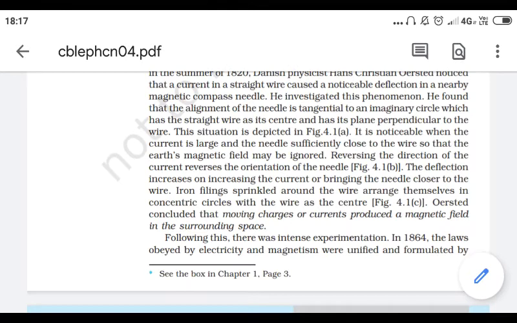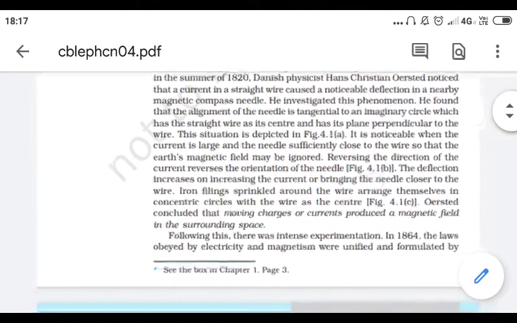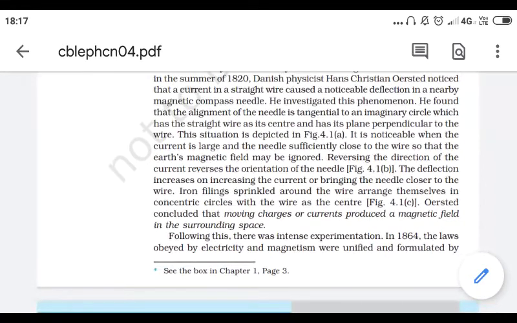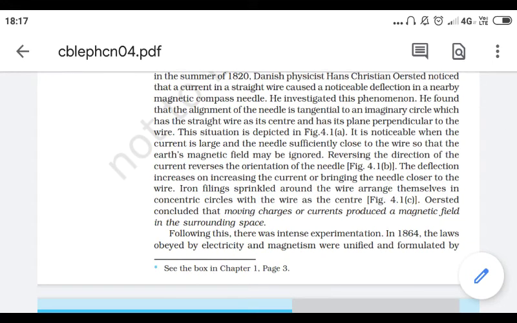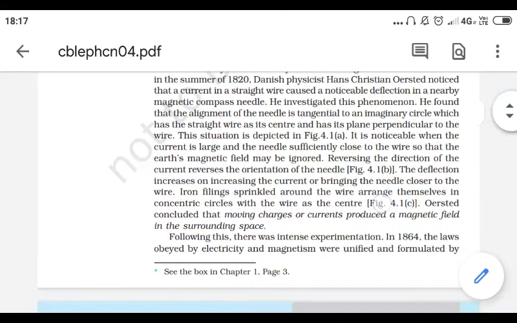He investigated this phenomenon and found that the alignment of the needle is tangential to an imaginary circle which has the straight wire at its center and has its plane perpendicular to the wire.